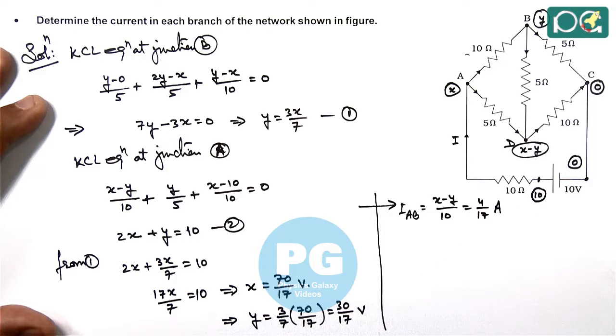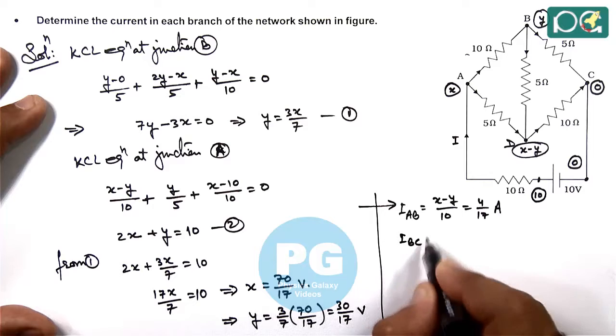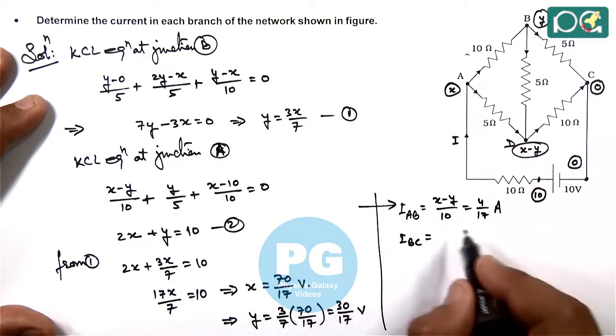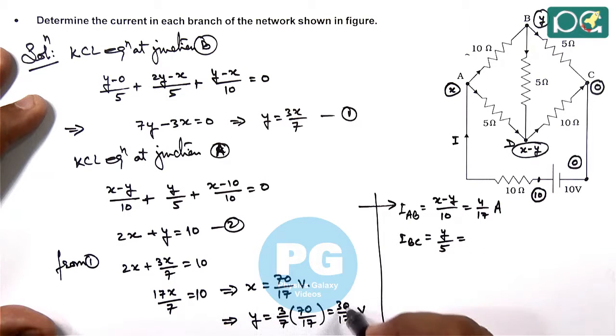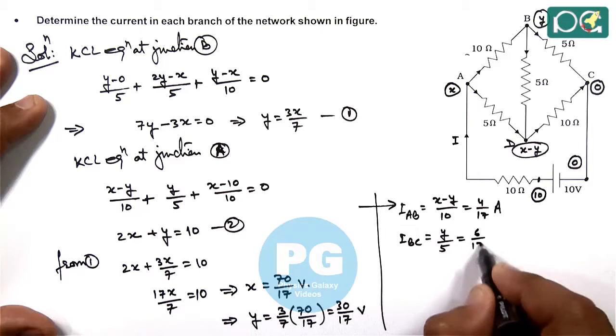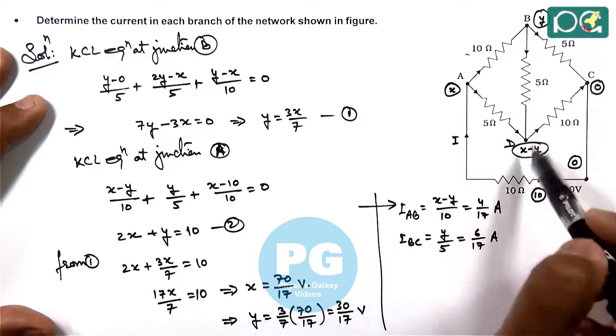That's one result. Now the current in branch BC is obviously (Y minus 0) by 5, this is Y by 5, which is 30 by 17 upon 5, 6 by 17 ampere.